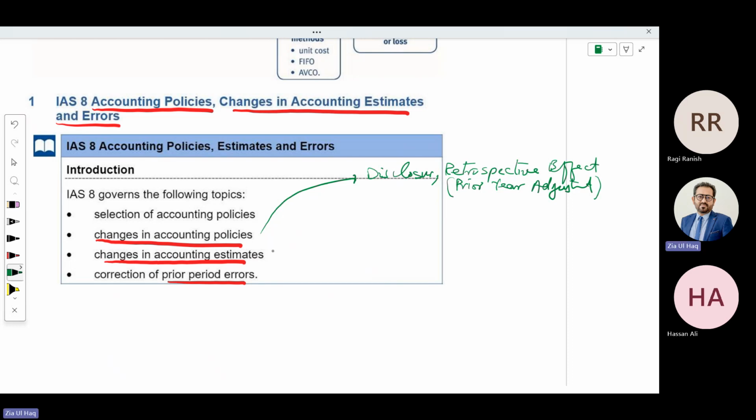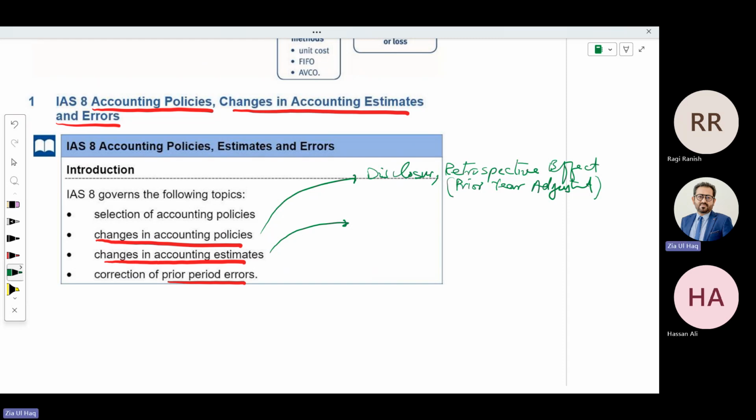If a company is changing an accounting estimate, what is an estimate? Like depreciation rate, depreciation method, useful life of the asset, residual value of the asset.